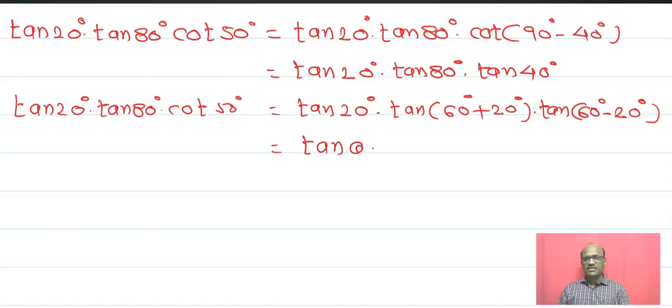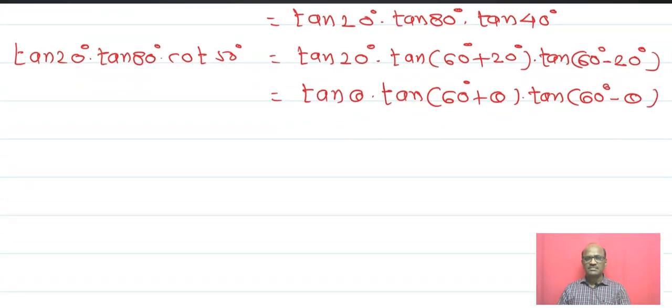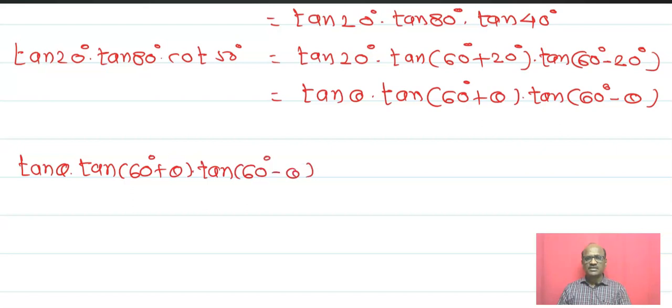Now here is tan theta, tan of 60 plus theta, tan of 60 minus theta. Now tan theta into tan of 60 plus theta into tan of 60 minus theta.